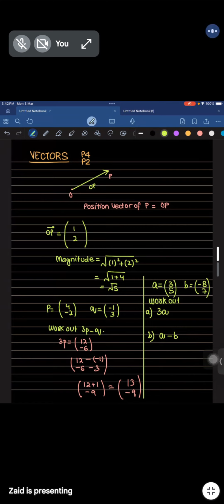Okay, find this one, please. What is the value of 3a?